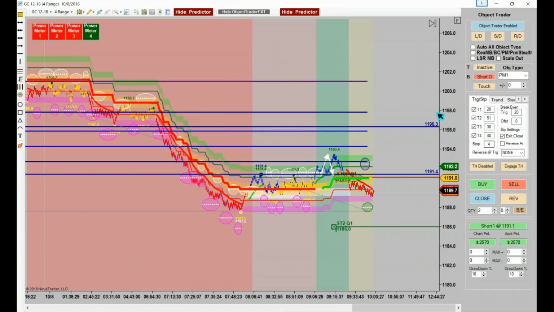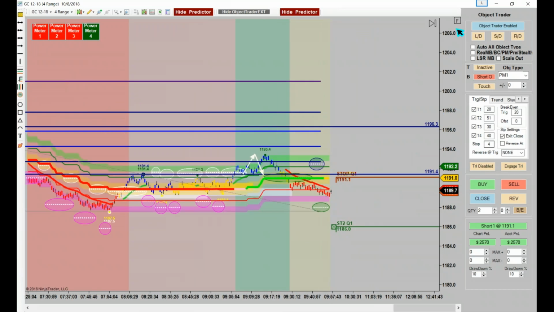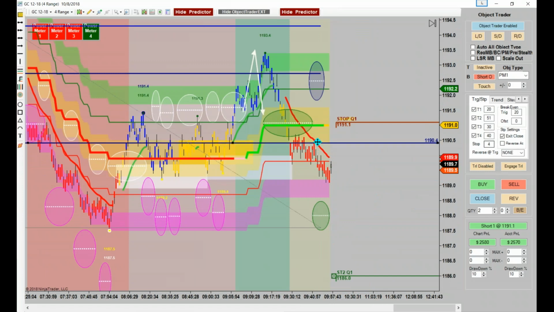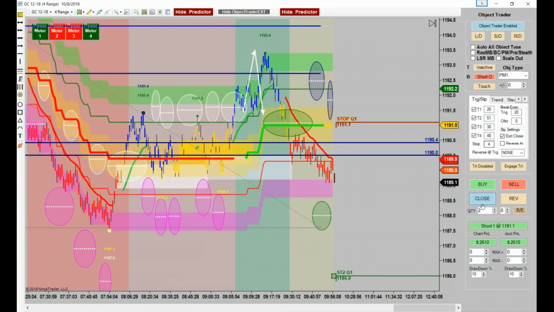I like to look at my swings to see where it's going. For instance, you have a high, low, lower high, lower low, lower high, lower low. So basically, I would want it to more than likely break that swing to be heading up, or at least this one right here, like so. And if it doesn't, then you wouldn't want to be taken along.